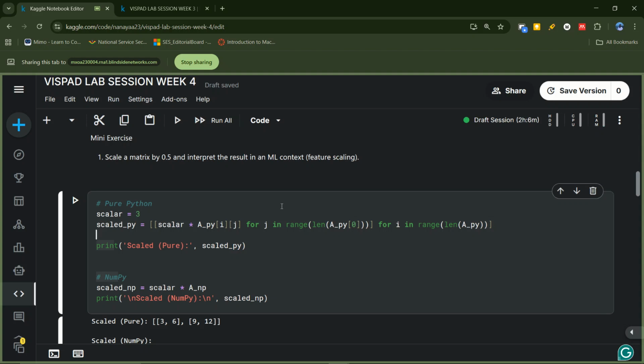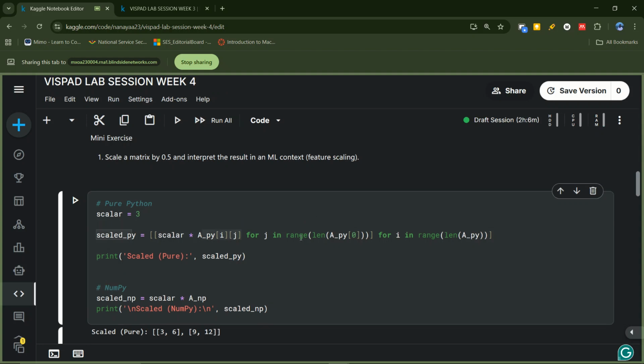So this over here is the list comprehension. It's just like what we've been doing previously. This is your scalar, this is an expression.